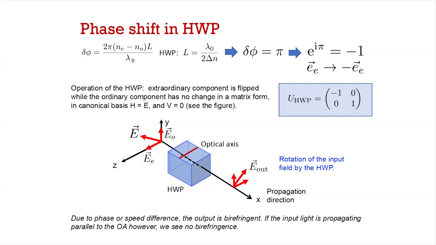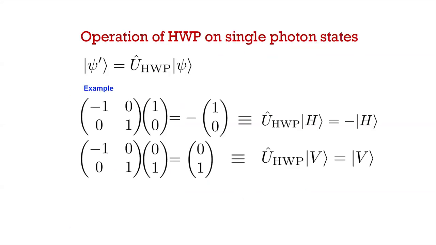So this is a transformation matrix on the canonical horizontal and vertical polarization phases, the action of a half-wave plate, okay, which looks somewhat similar to the Z operator. Yeah? If you just change the order of the phases, you will see this is actually a Pauli Z gate. Yeah? So a half-wave plate acts like a Pauli gate, actually. And you can just see that this is acting like the Z gate.